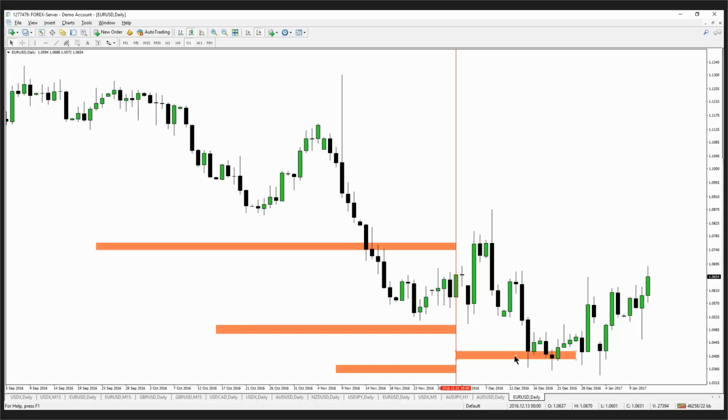You know you got 20 days expected to see a significant low form or high form. And what you do is you have that range and time delineated on your chart.